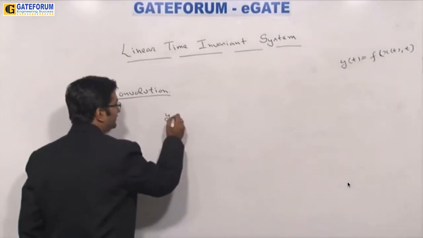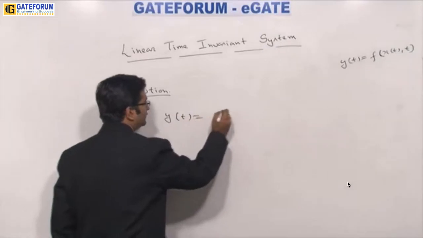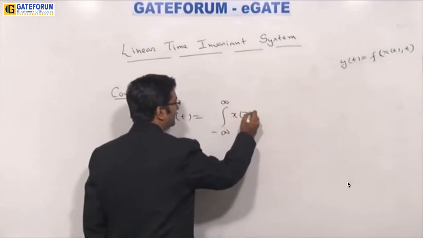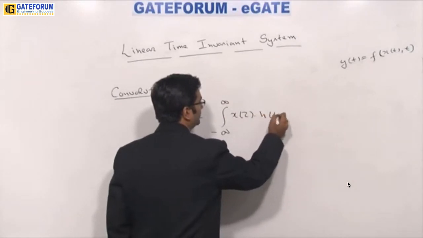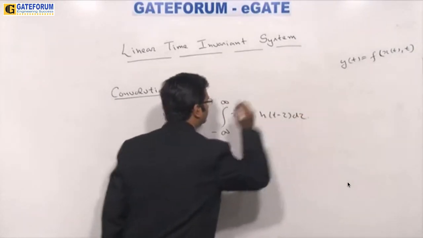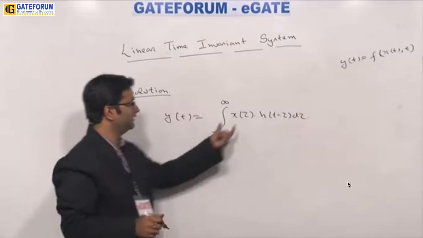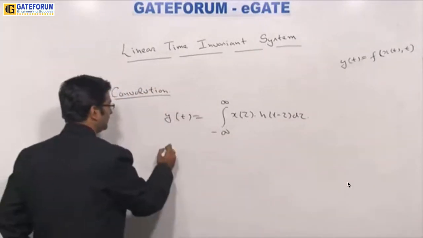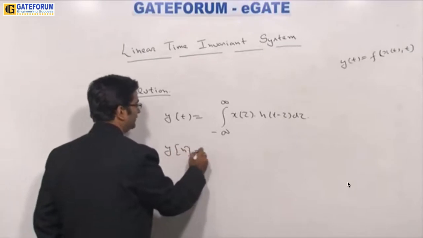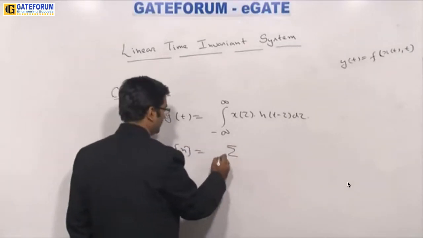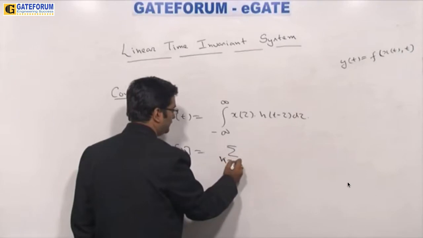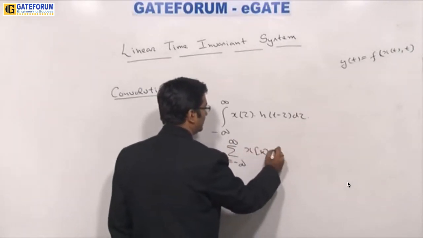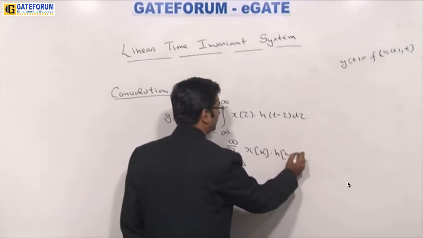So, the convolution expression is y(t) = integral from minus infinity to infinity of x(tau) h(t minus tau) d tau. Just assume that x(t) is one function, h(t) is another function, and there is a convolution taking place between them. Similarly, there is y[n], which is the summation over k equal to minus infinity to infinity of x[k] h[n minus k].